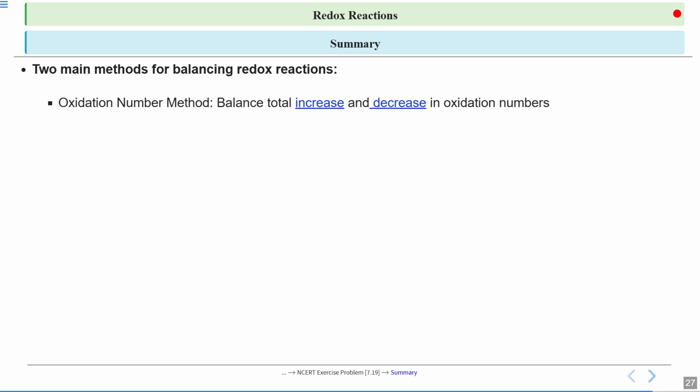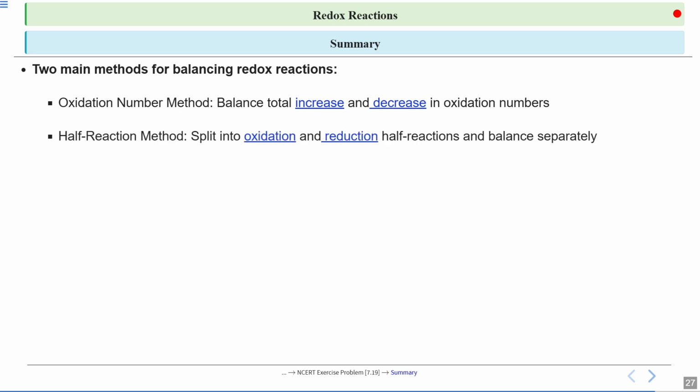The first one is the oxidation number method, and the main point in the oxidation number method is balancing the total increase and decrease in the oxidation numbers. While the second one is the half reaction method, in which the reaction is split into oxidation and reduction half reactions and balanced separately. This I will tell you in the next lecture, how we can balance the chemical reaction with the half reaction method.